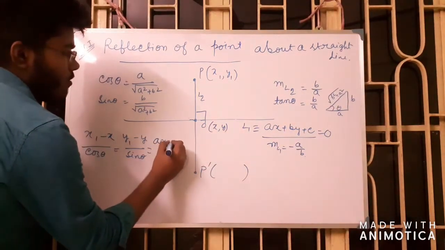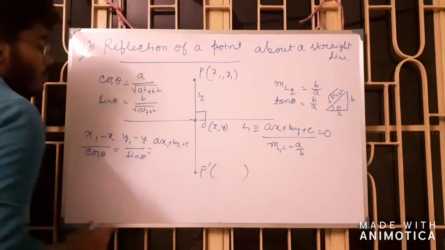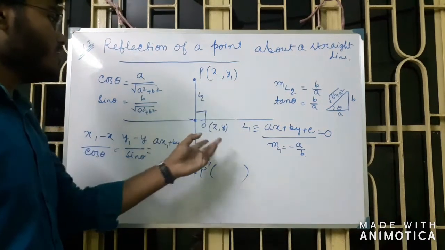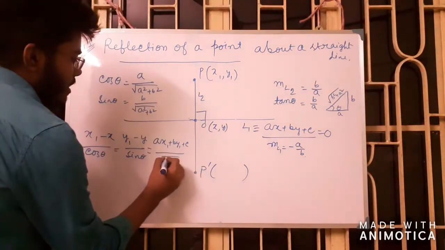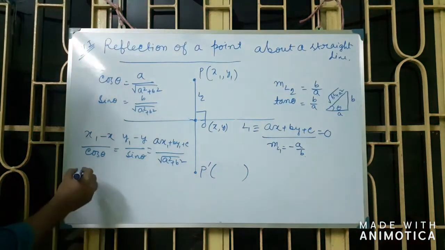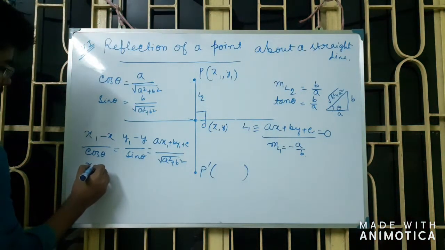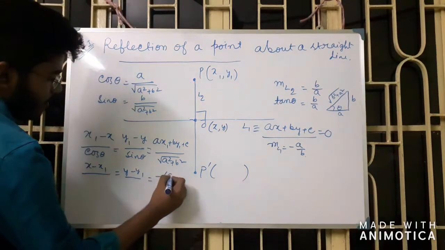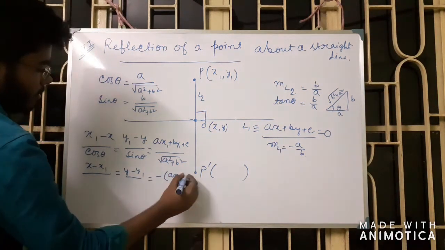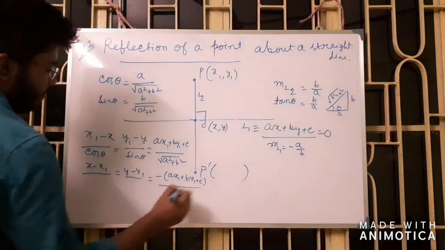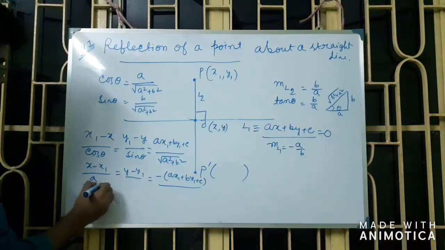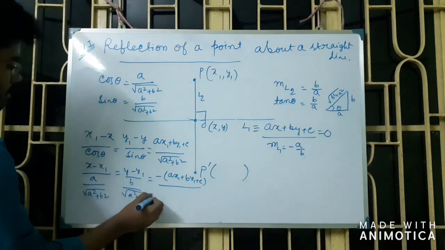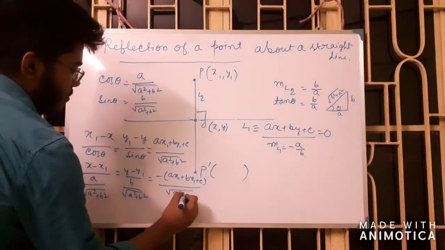That is (ax1 + by1 + c) by root over a square plus b square. We wrote x1, y1 in place of x, y because we are taking the distance from this point to this line. So this equals minus of (ax1 + by1 + c) by cos theta, that means a by root over a square plus b square, b by root over a square plus b square, equal to just root over a square plus b square.